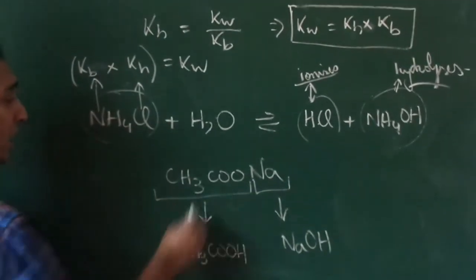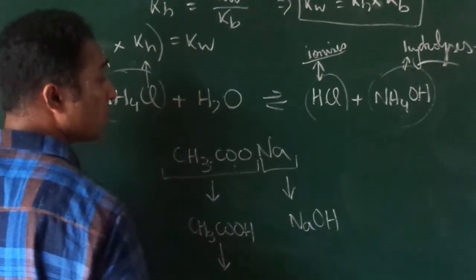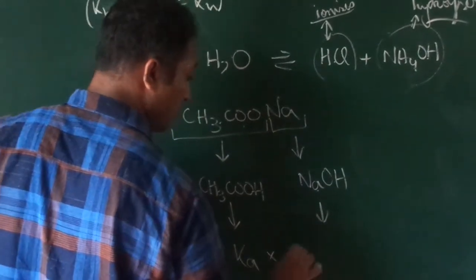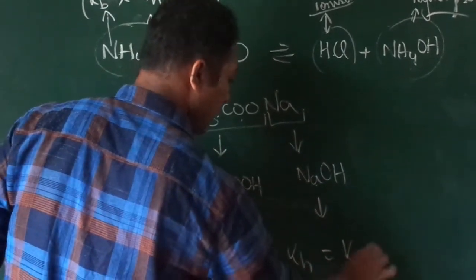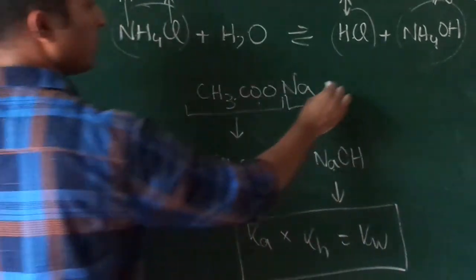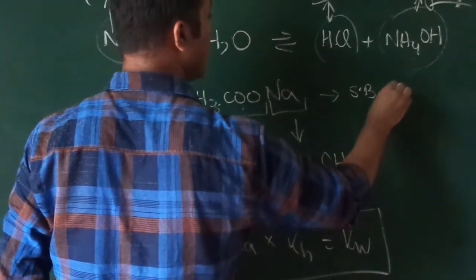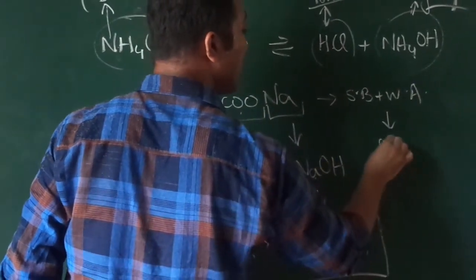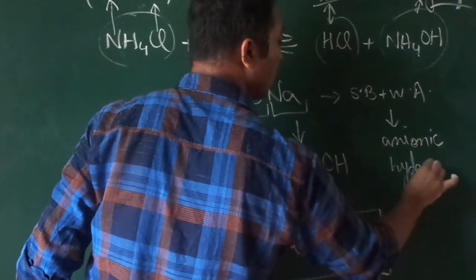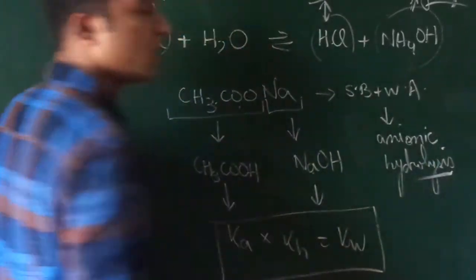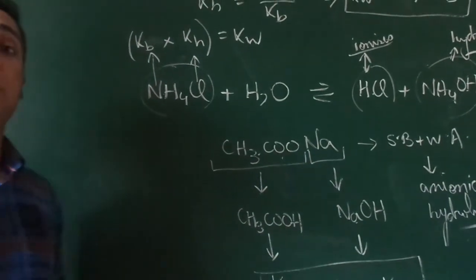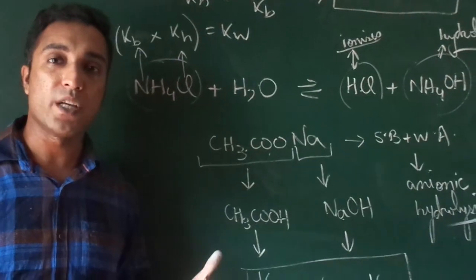Now immediately I can write this salt when undergoes hydrolysis, this will correspond to Ka and this will correspond to KH, and thus you get Kw, right? This was the case of hydrolysis of a salt of strong base and weak acid, which is again an example of anionic hydrolysis. Earlier one was cationic, this one was anionic, right students? You can immediately make it out, so you need to be sure about it. In the next video, I am going to find out the pH and the pOH of these salts.